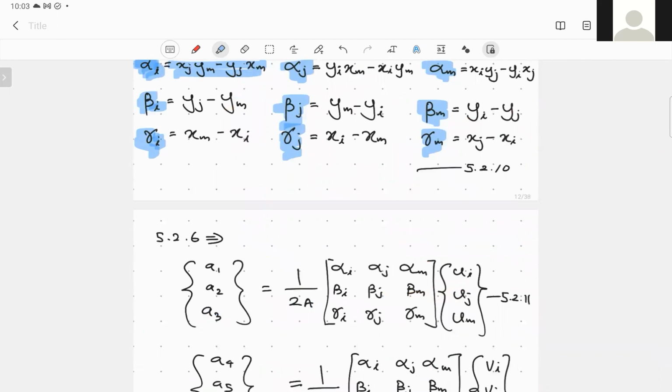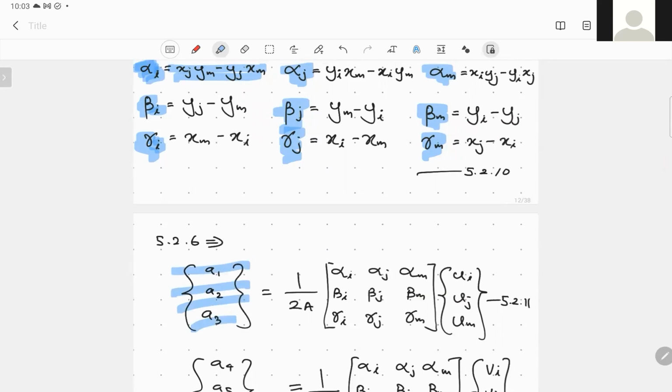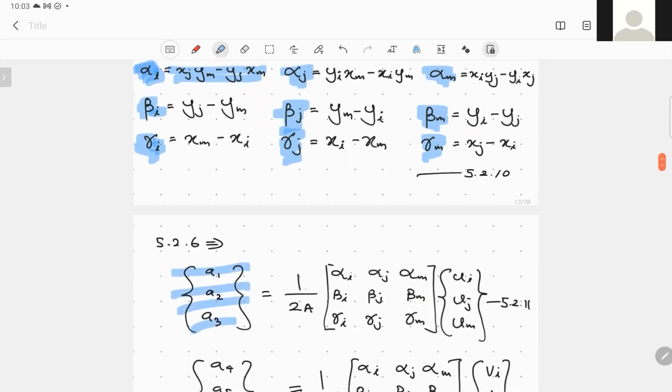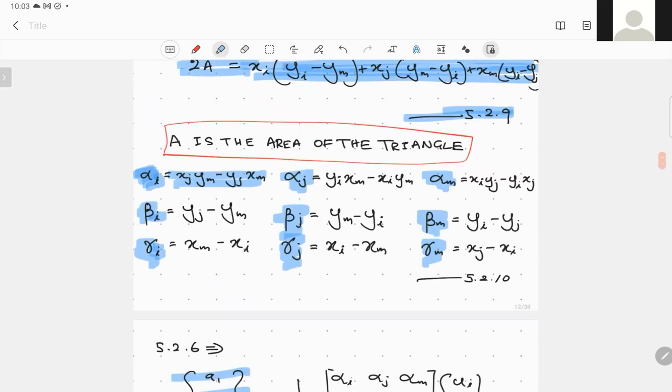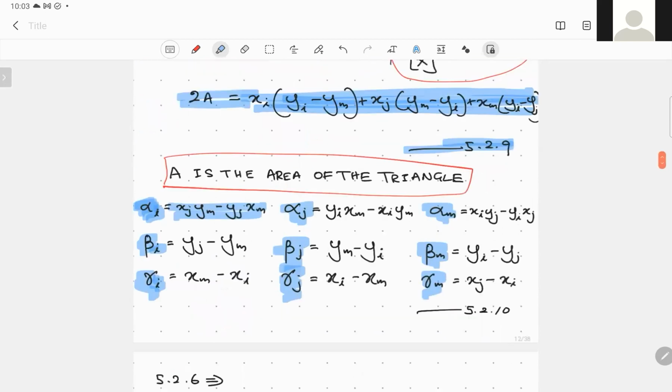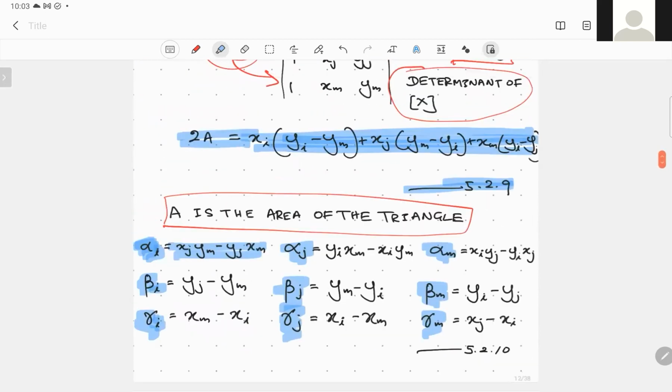So now our aim is to find the coefficients a1, a2, and a3. We take the X inverse, because we already know the value of X inverse now. We can simply substitute here.